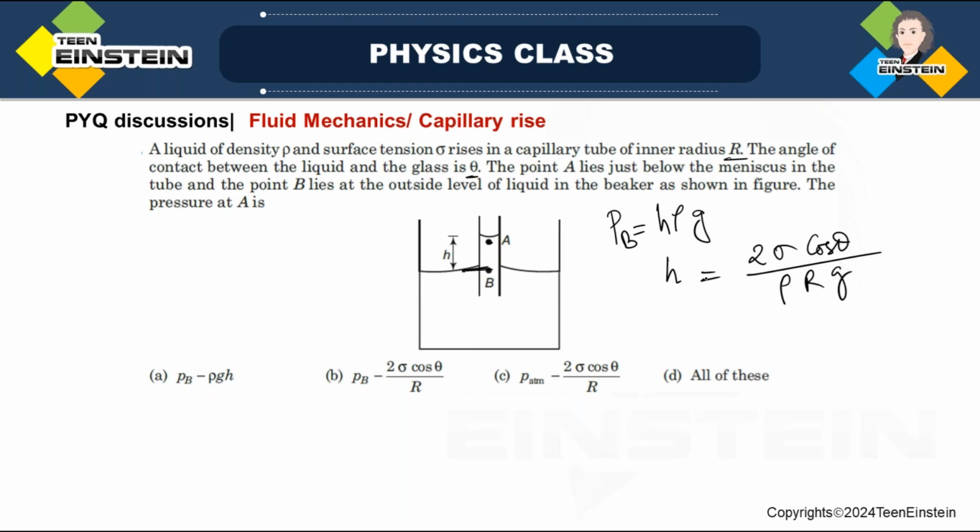So we have to find out pressure at A, right? If we consider this point, here we have a certain excess pressure at the concave surface.